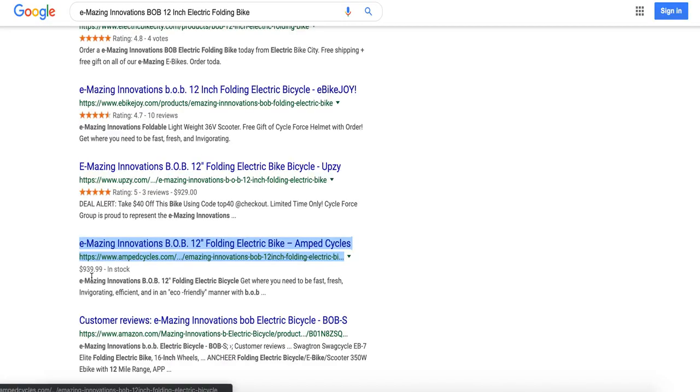Here we go. Looks like it's taking a little while to load. But you can just tell from the search results, this one says $9.39, $9.29.